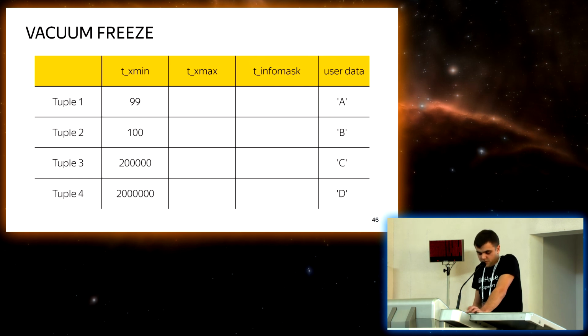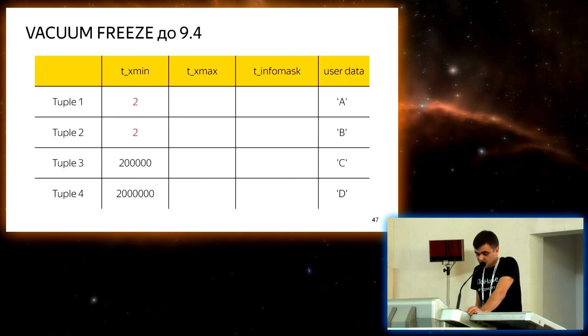So what is vacuum freeze? Let us look at the situation, the situation with these dots on the previous slide. So we have 4 rows, lines 1 and 2, Xmin 99 and 100. You have to freeze them already. But nobody deleted them, so Xmax fields are empty. If Xmax is filled, then the system believes that the line was deleted, by a transaction that was committed.